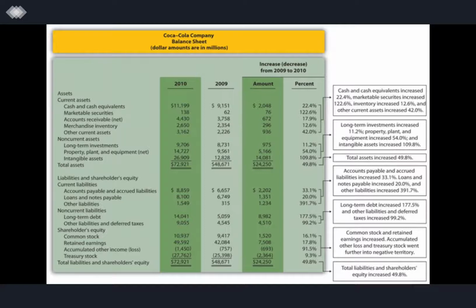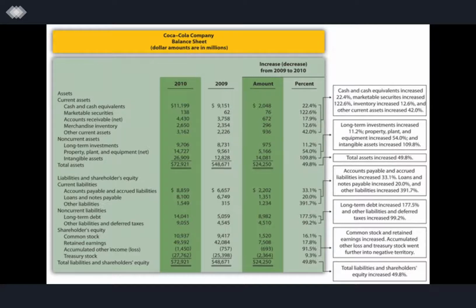But here, far right column, percent change, a huge column for us to look at. You see the marketable securities account there. It's jumped over 122%, which is a big jump. But once again, we're only given 2 years of data. We don't know if that's a big jump or not. Plus, the marketable securities account is under $200, so not a big concern there.